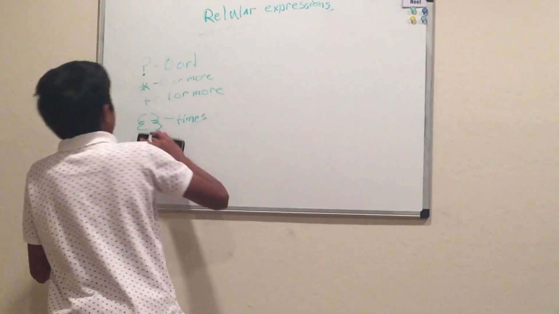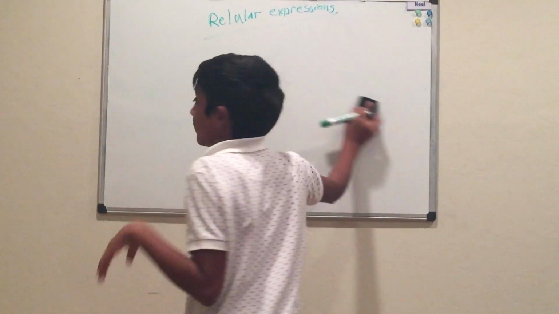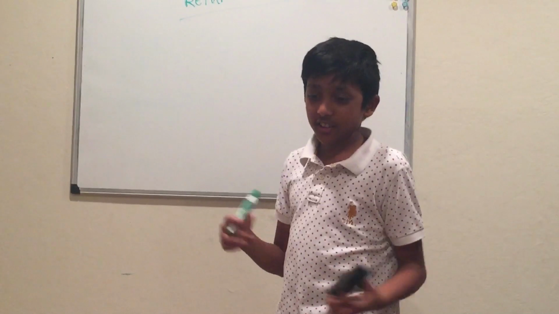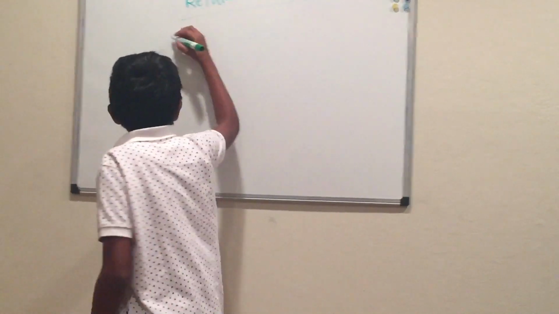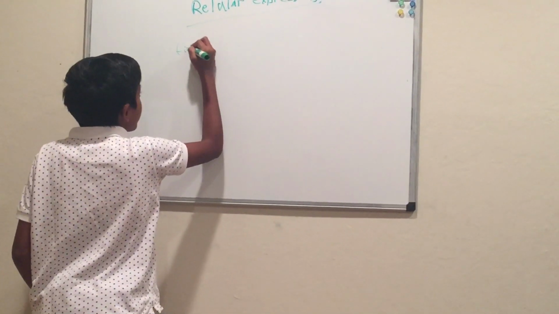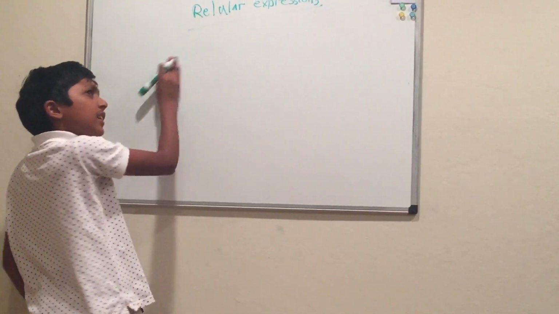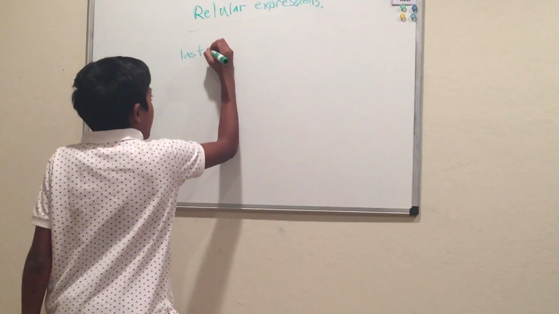So now some real world usages for it. If you want to have a program to do the address, you could use a regular expression because it has the first name, or so you have your last name first, right?